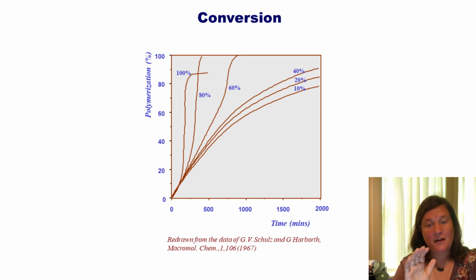So, if we're deviating from our expected curve, it means that one of our assumptions is failing. So, what assumption do you think could be failing? Maybe the steady state assumption? Maybe Ri no longer equals RT because termination has slowed due to the Trommsdorff effect. Okay, something to think about.